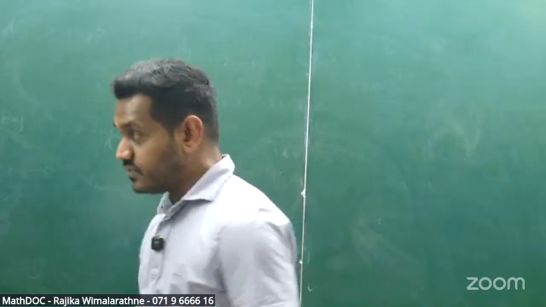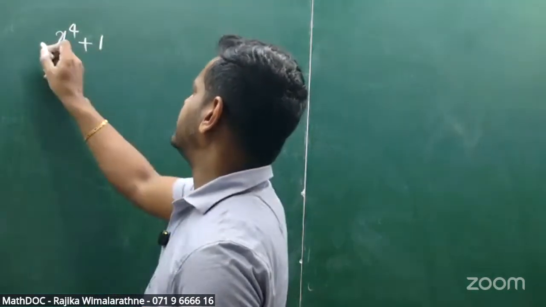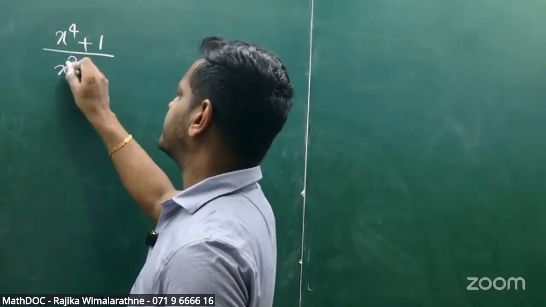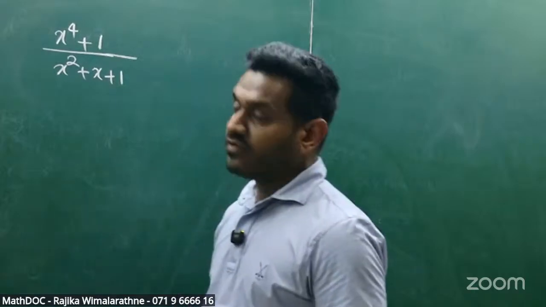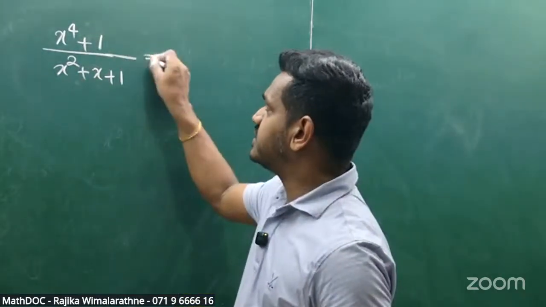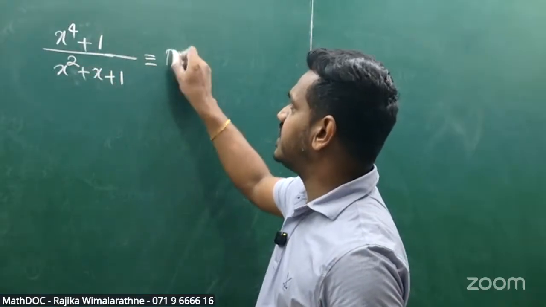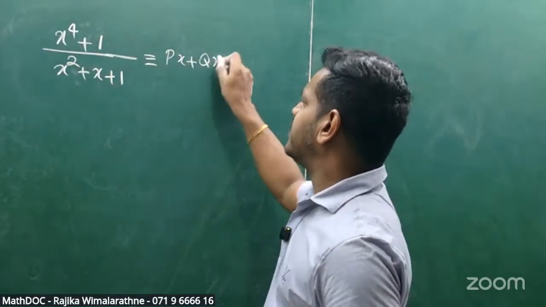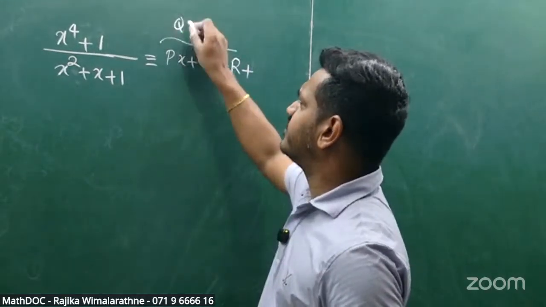Okay, now see another one. X to the power 4 plus 1 divided by x squared plus x plus 1. Here power 4 relation, power 2 relation. Power 4 minus 2, power 2 relation, right? So px squared plus qx plus r is the quotient.